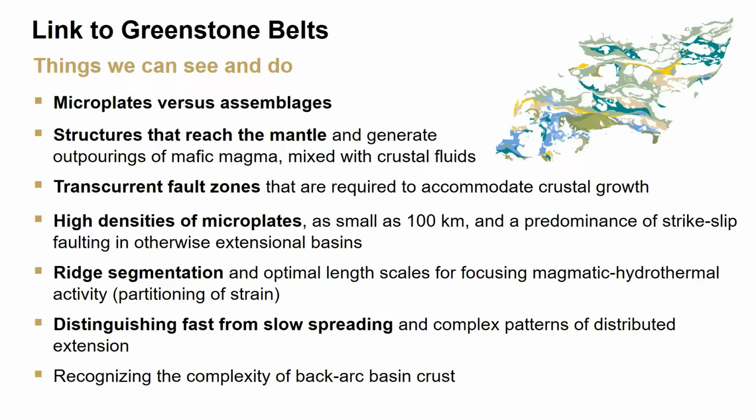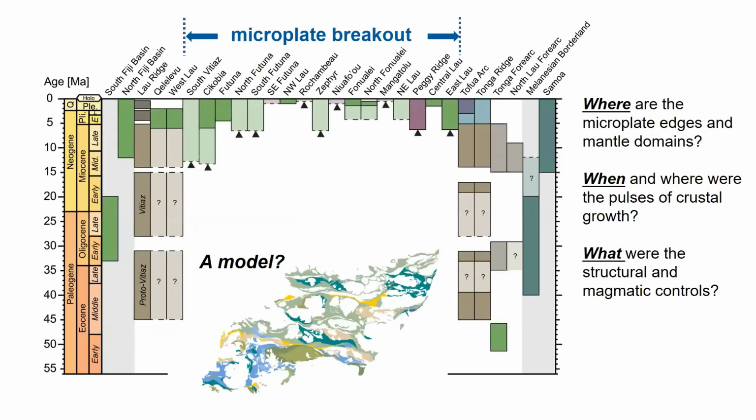And I think we can even distinguish between fast and slow spreading in ancient terrains. This comes right out of area-age relationships, which are also going to fall out of the work that Taus is doing. So those are boxes I think we can check when comparing modern volcanic belts in the oceans to greenstone belts.